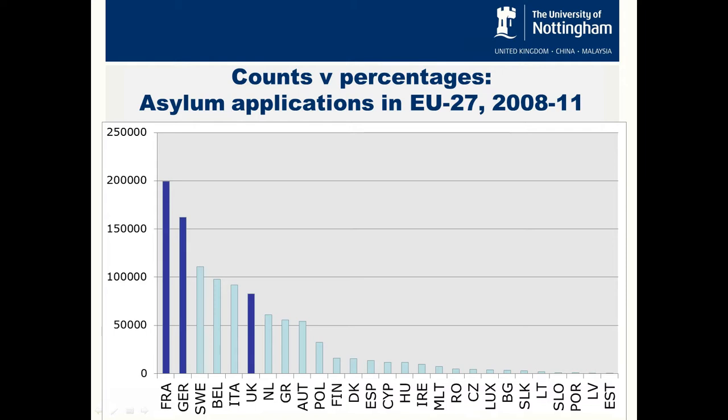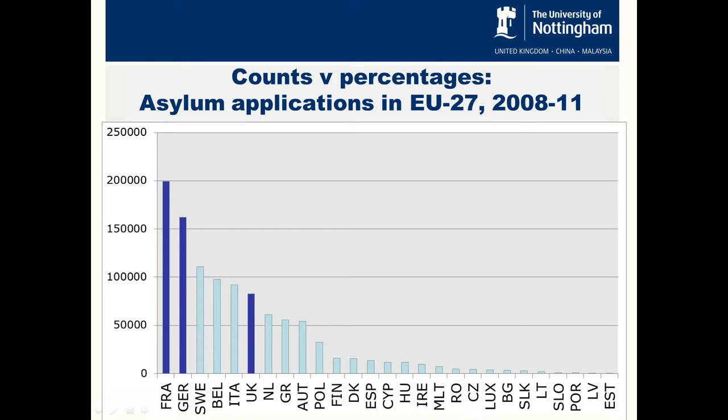And what we can see is that the UK comes up 6th in terms of total number of applications received during this period, and France and Germany ranked as 1st and 2nd, which would seem to support the idea that these 3 countries do take a lot of asylum seekers.